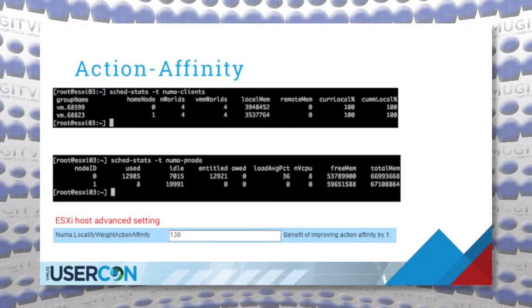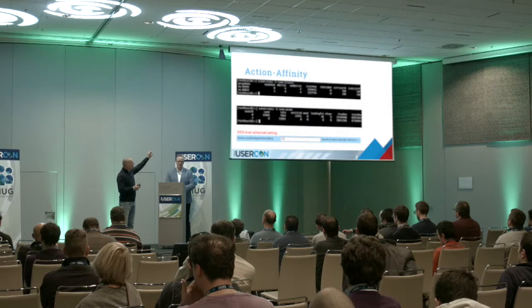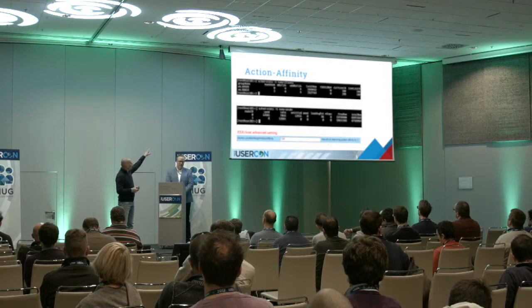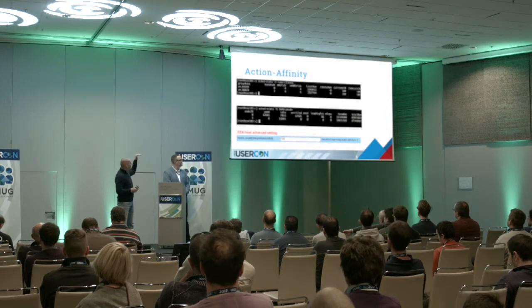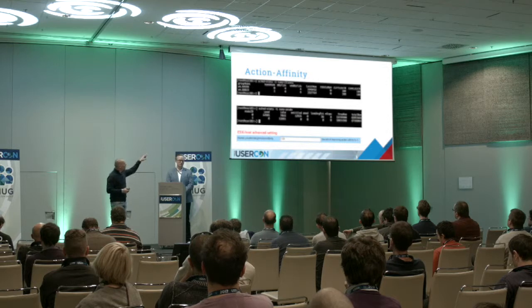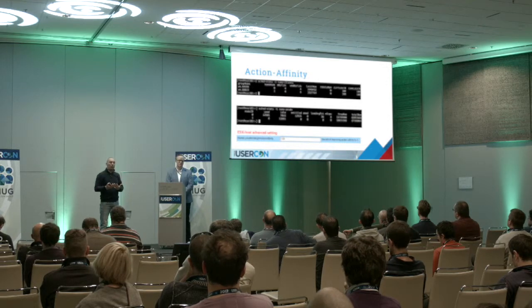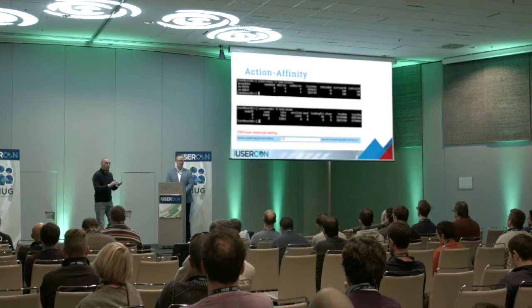Now this is on one CPU, but we have VMs that are running on two CPUs in the same system. Now to enhance that communication, what the ESX kernel does is it starts to schedule them together on one physical CPU. So in this screenshot, you will see that I've got two VMs, and one runs on home node 0, which is the first CPU, and one VM runs on home node 1. So you see that there's an equal balance of vCPUs per physical CPU. So this feels balanced.